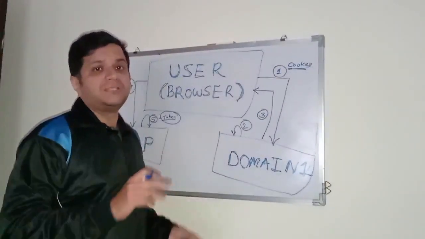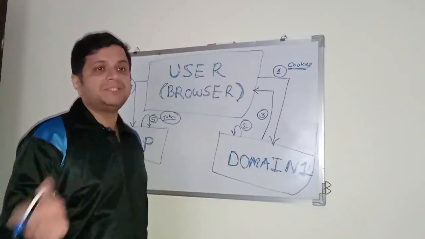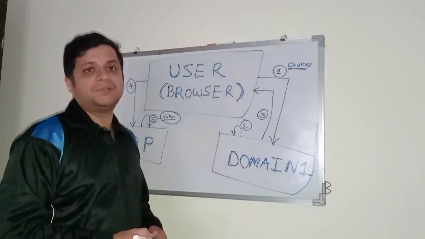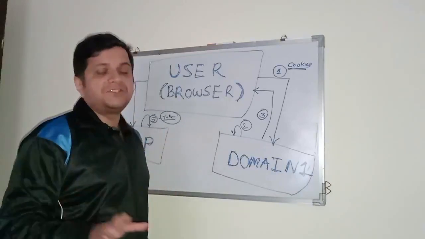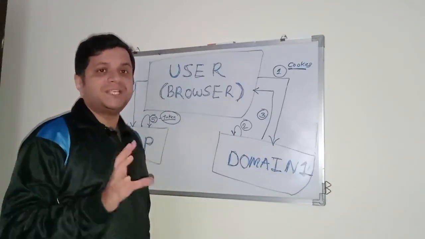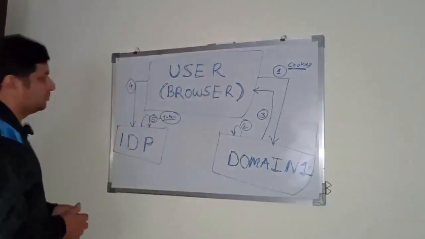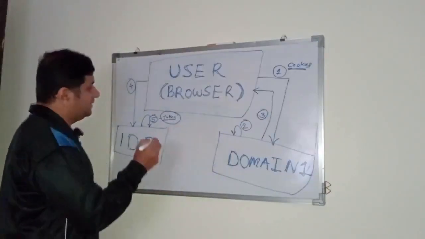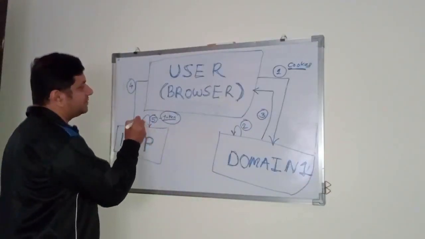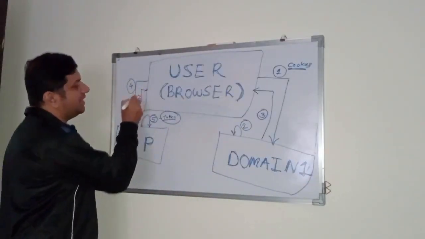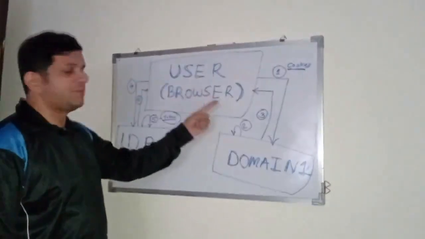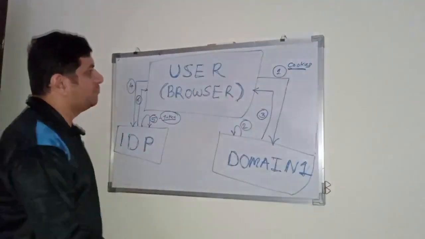The token is not the password the user authenticated with. It doesn't share that password. It's just a token saying that this is the user. It's a signed token basically, so nobody can tamper with it. And then the IDP, in step number 6, sends that information back to the browser. The token is sent back to the browser.